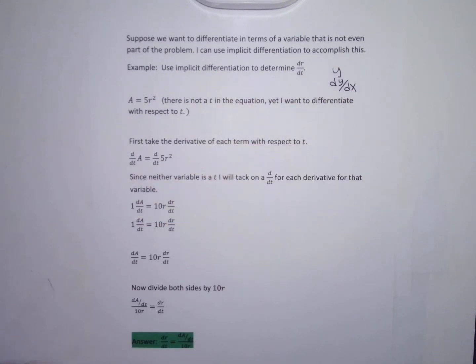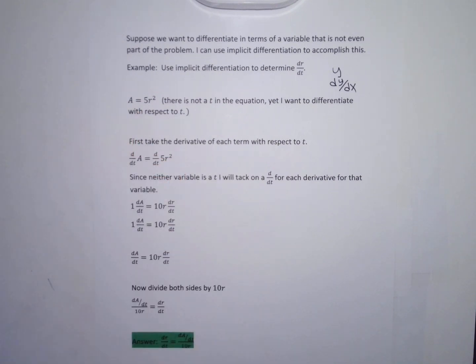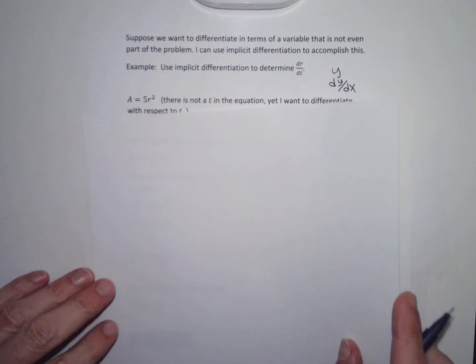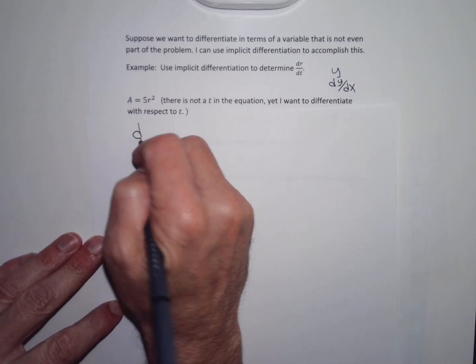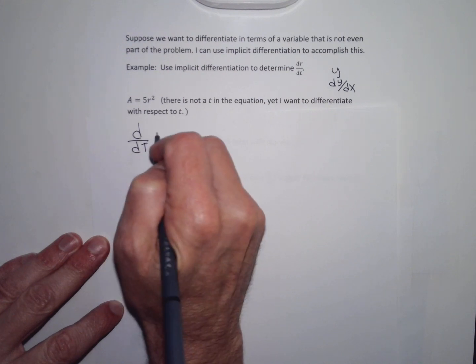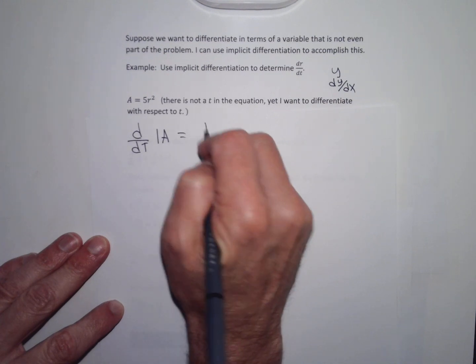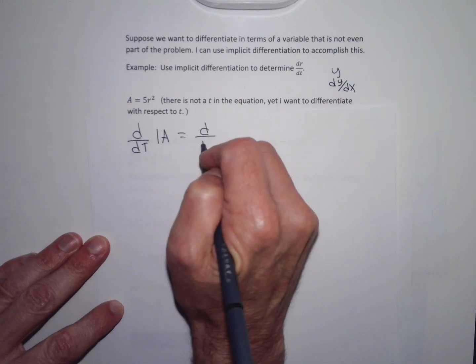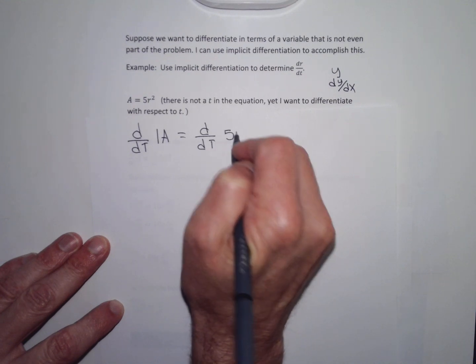And let me show you this. So I'm going to take the derivative of this with respect to t, which is just weird, but we need it for the next section. So I'm going to take the derivative of the left side with respect to t, and I'm going to emphasize that this is 1a, and I'm going to take the derivative of the right side with respect to t. I don't need to emphasize it is 5r squared.